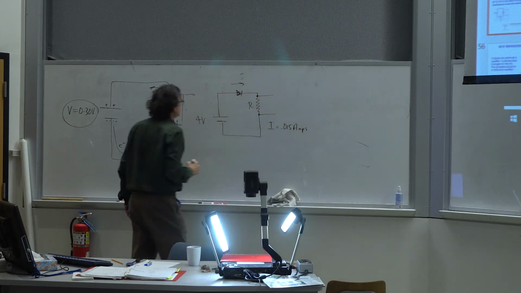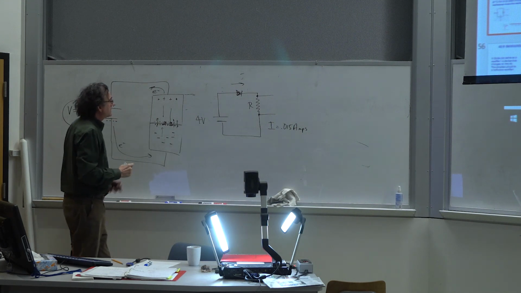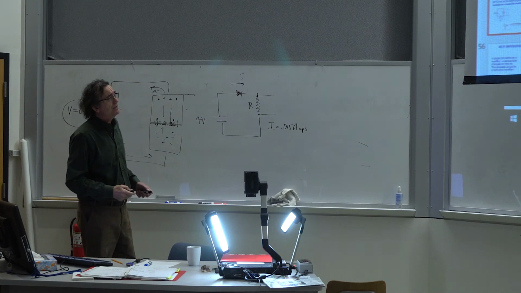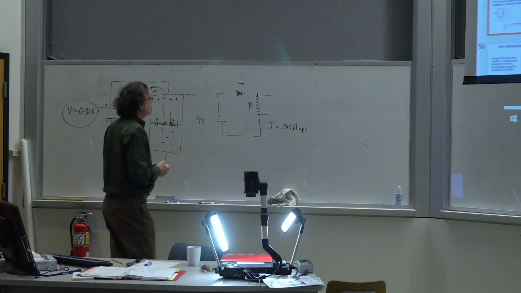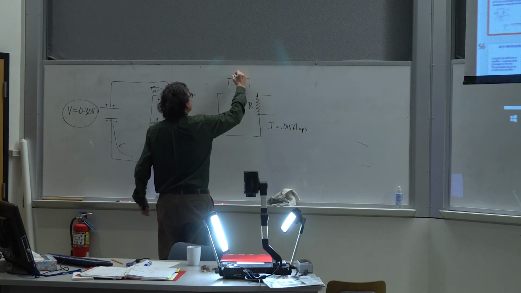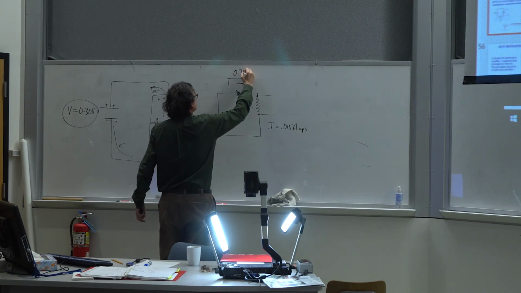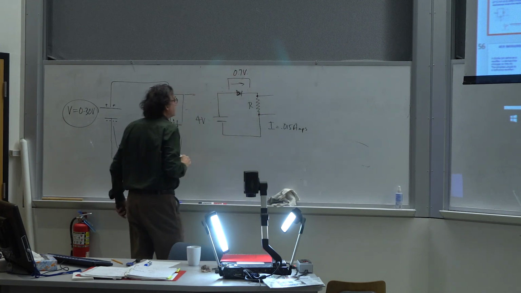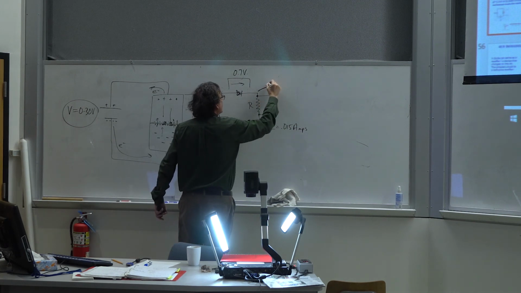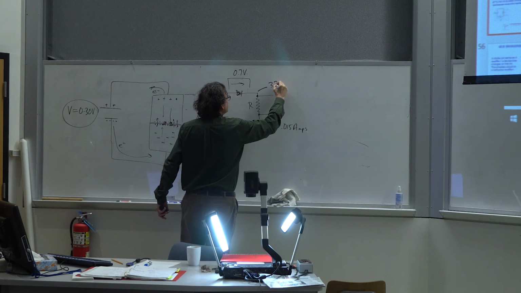So because the voltage applied is greater than 0.7, I know that the voltage drop across the diode is fixed at 0.7 volts, right? So by the time I get over to this point right here, I'm down to 3.3 volts.